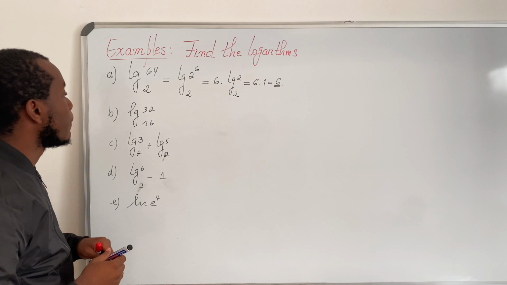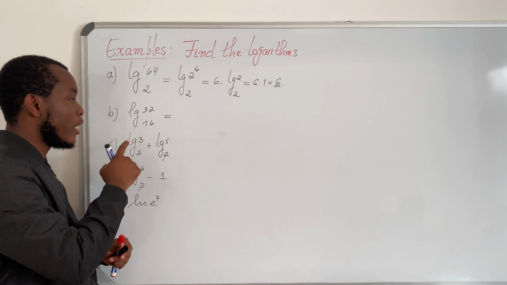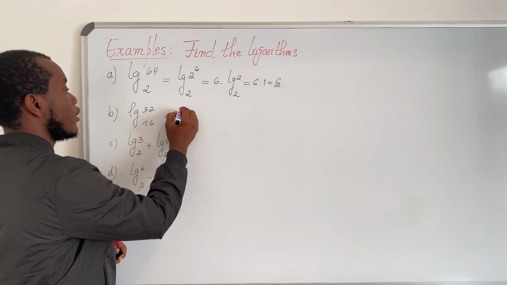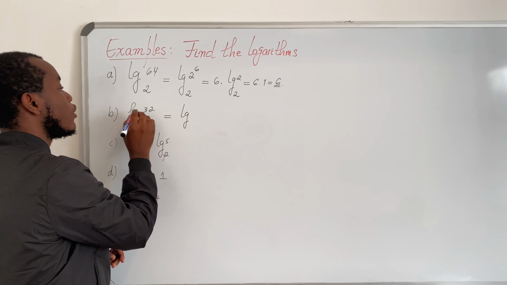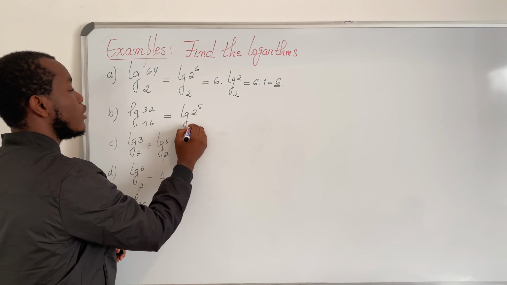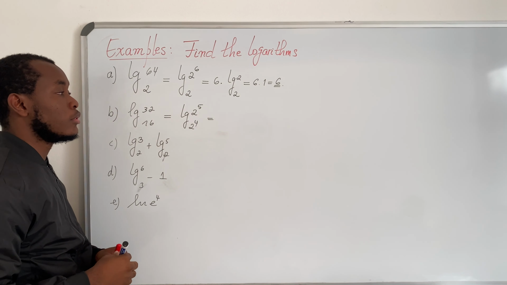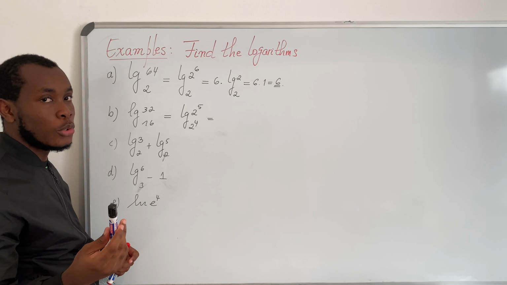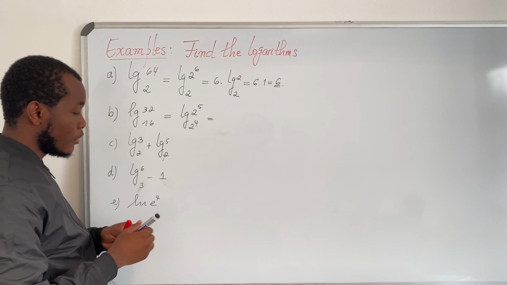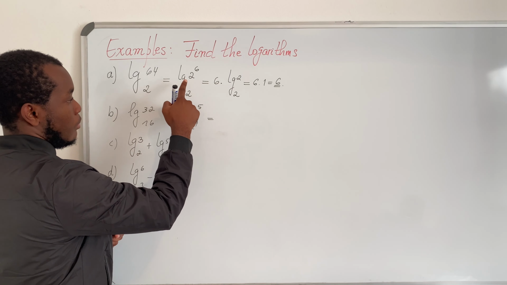Now the second one, we apply the same principle. Let's write the argument and the base into the same base. We know that 32 is 2 to the power 5 and 16 is 2 to the power 4. Applying rule number 7 and rule number 9, we have this exponent as we did previously.